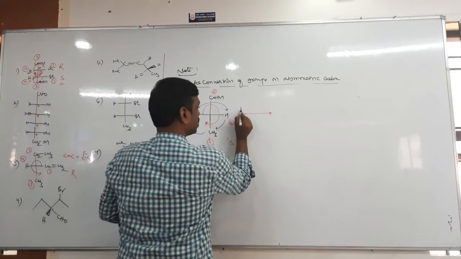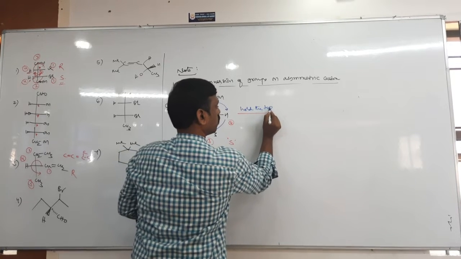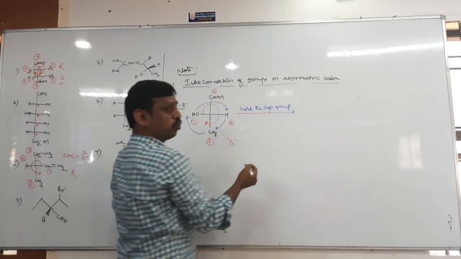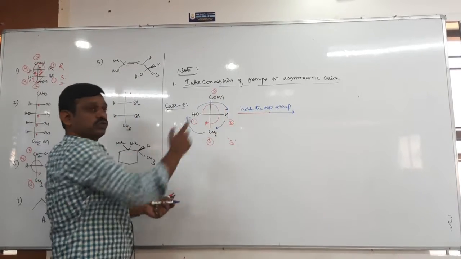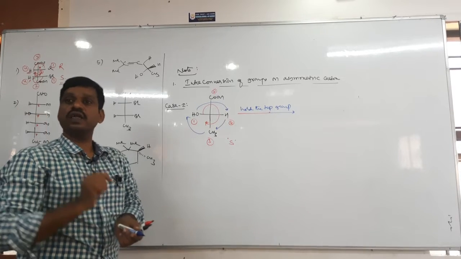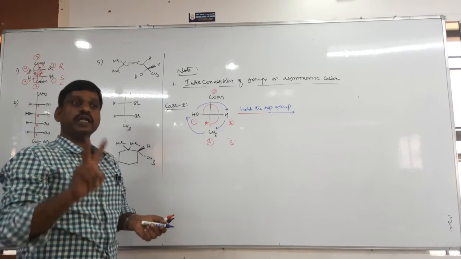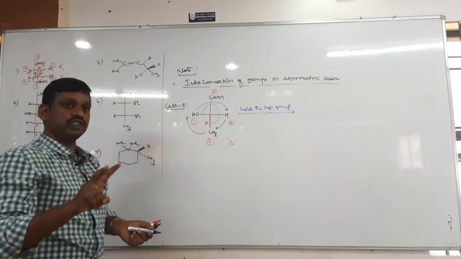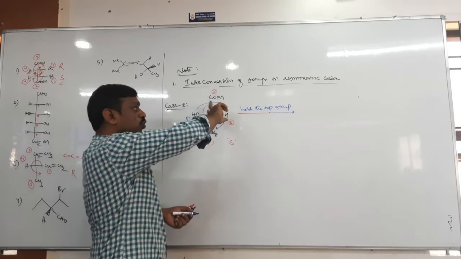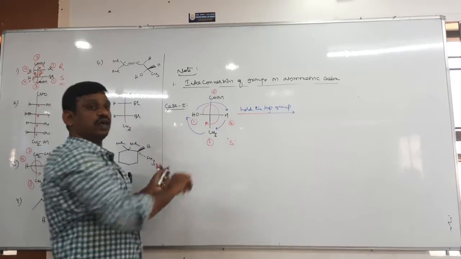So here what is the condition? Hold the top group and rotate the 3 groups. Then you will get a similar structure. A similar structure can be obtained by two interchanges. First, by holding the top group, the remaining 3 groups can be rotated either clockwise or anti-clockwise.